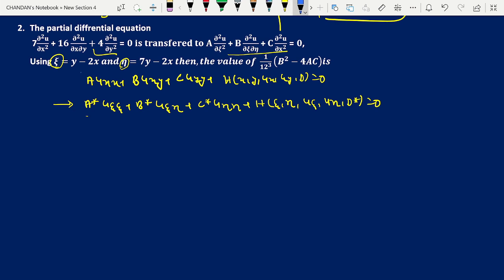This is our main partial differential equation, and when we use the transformation xi and eta, the main equation transforms to this equation.